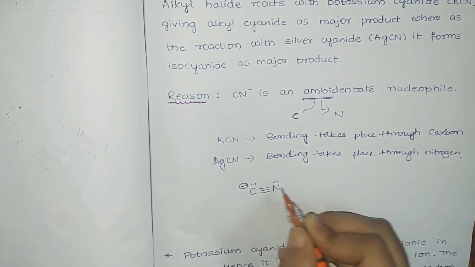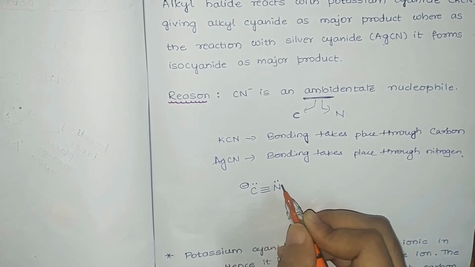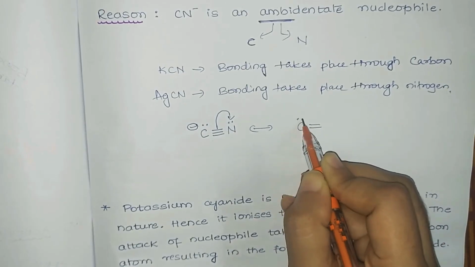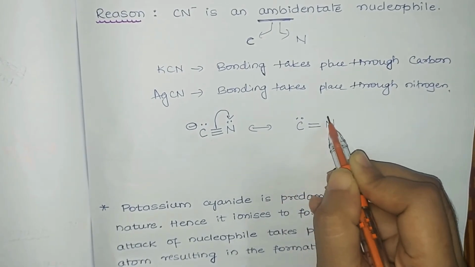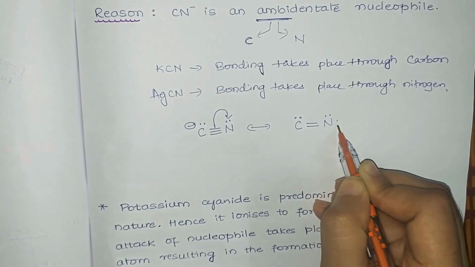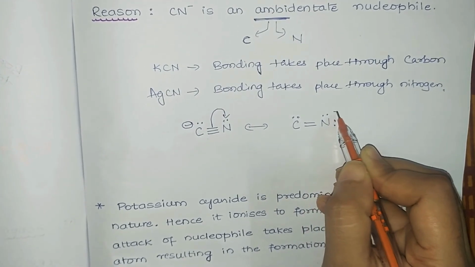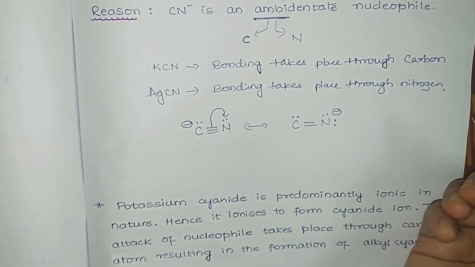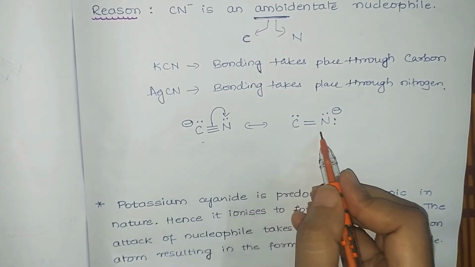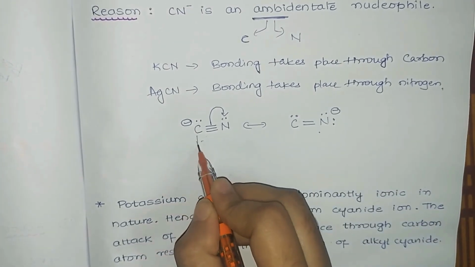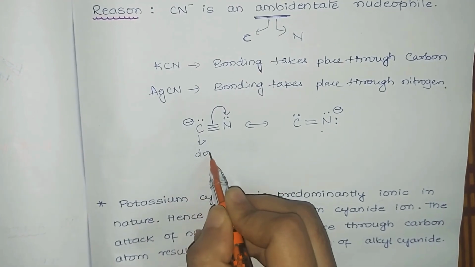In the resonance structure, we show the transfer of the pi electron. When the pi electron is transferred to the nitrogen atom, C becomes a double bond, it was a triple bond, and nitrogen acquires a lone pair of electrons, therefore nitrogen becomes negatively charged.